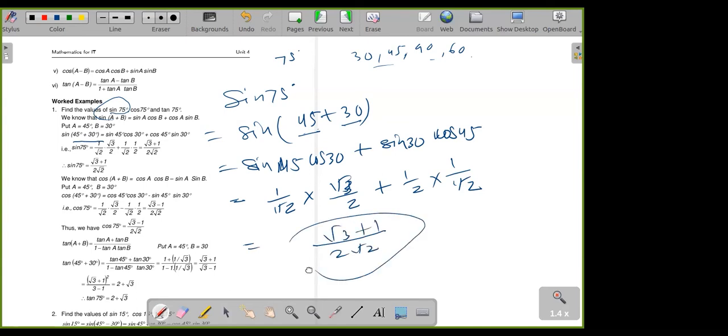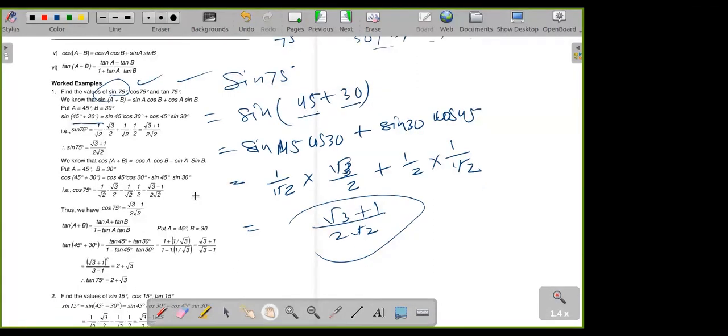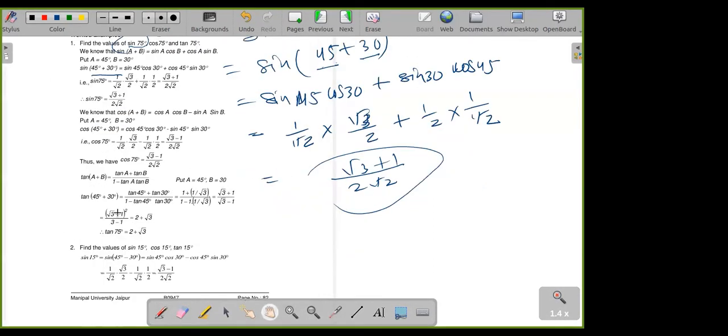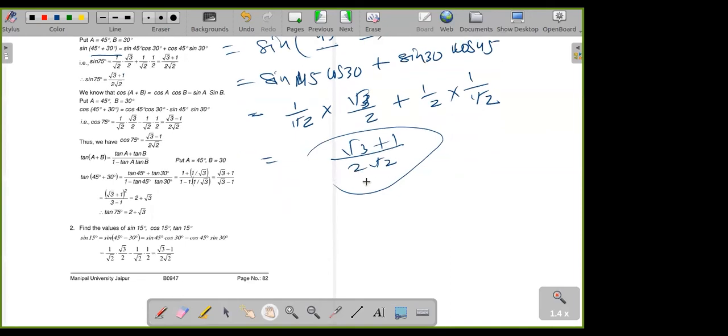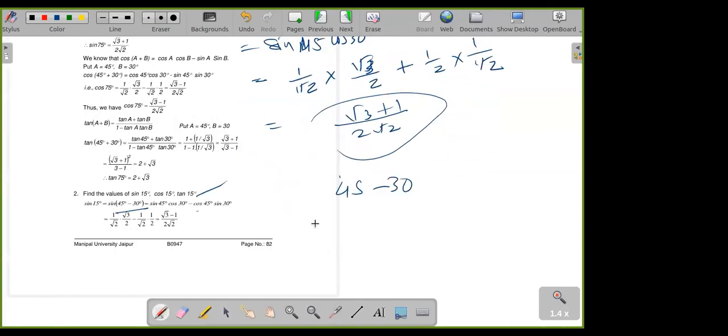Okay. For 15 degrees, how do we solve it? 45 minus 30. We know the value of 45 degrees, and we know the value of 30 degrees. So if you do sine 45 minus 30, we can solve it. Sine 30 and cos 45.